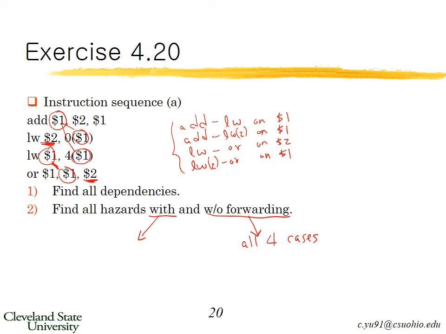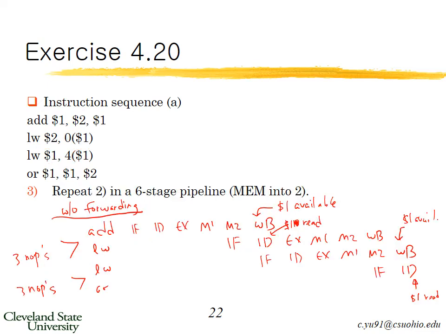Without forwarding, all those 4 cases are data hazards. However, with the forwarding mechanism, the first 3 cases are resolved, and there is only one case. The last one is actually the data hazard, and you have to stall 1 cycle because of that.